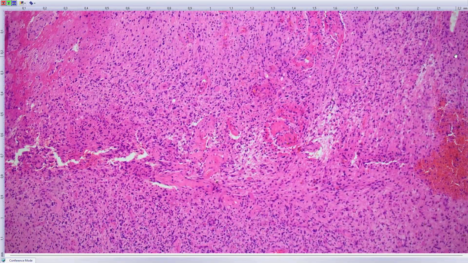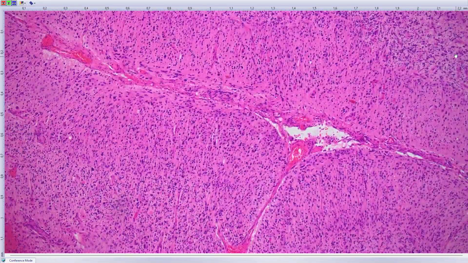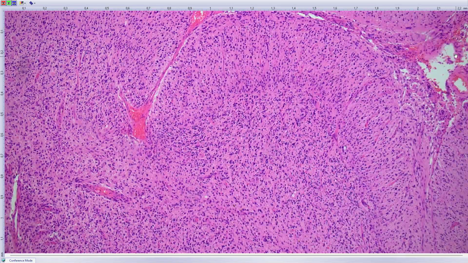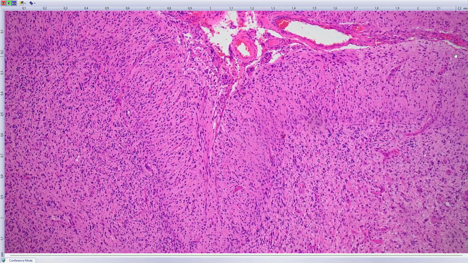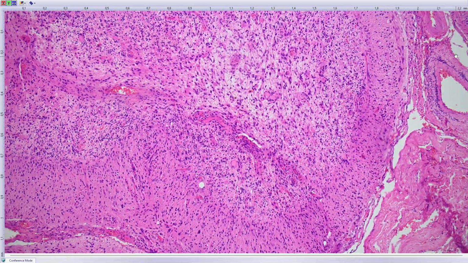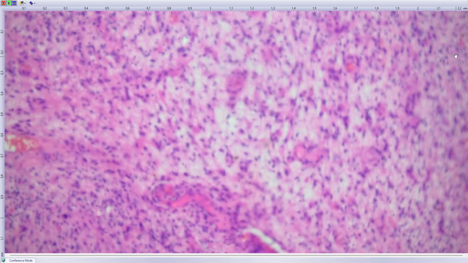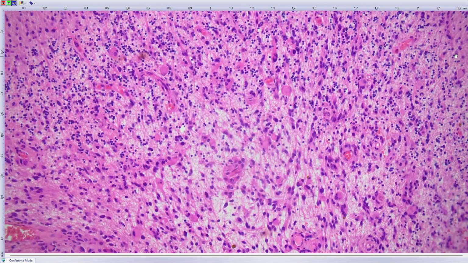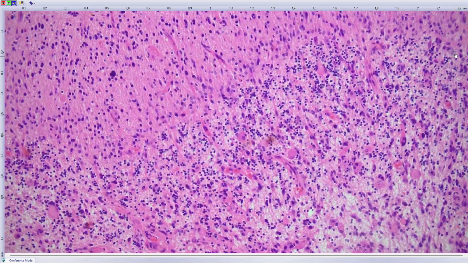So even Lhermitte-Duclos disease was one of the diagnostic considerations, which I consider to be a crazy differential diagnosis because it does not look like that. And yeah, maybe here are some atypical glial cells. It's really nondescript in my eyes. There's another H&E. Yeah, this looked mostly normal.